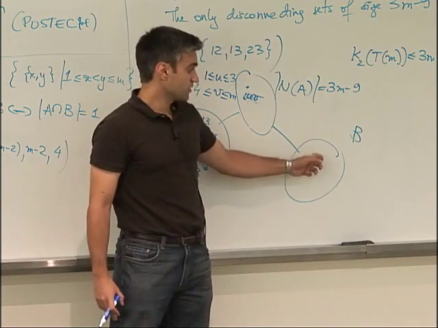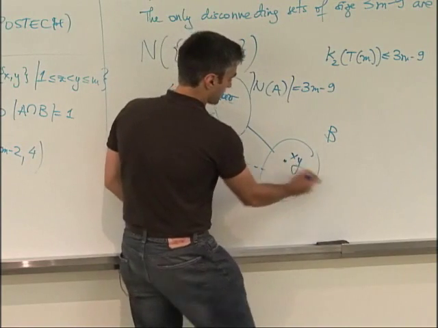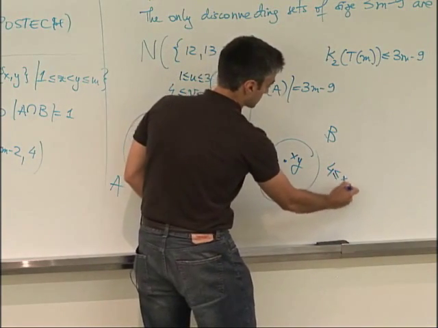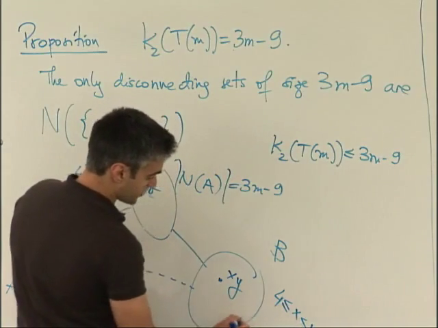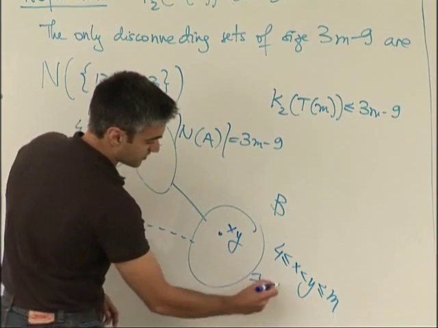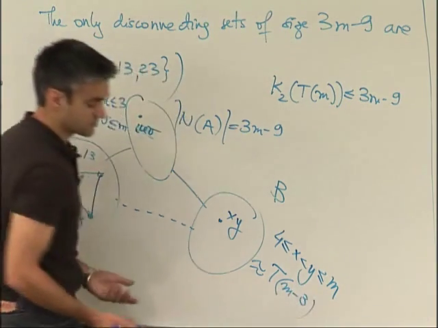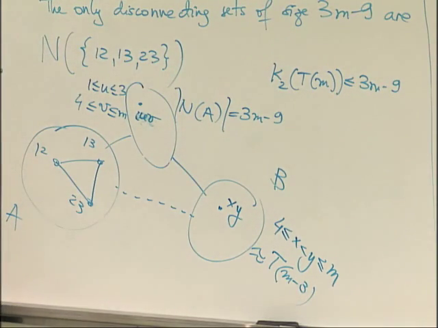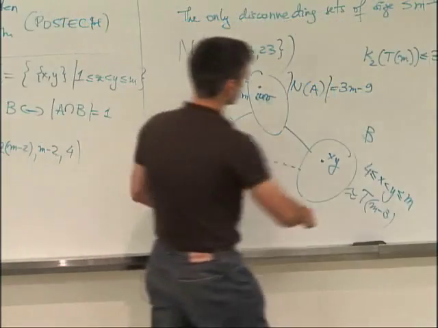But what do you have in B? You have all the vertices xy with 4 less than x less than y less than or equal to m. This part is basically isomorphic to the triangular graph T(m minus 3), which is connected anyway.